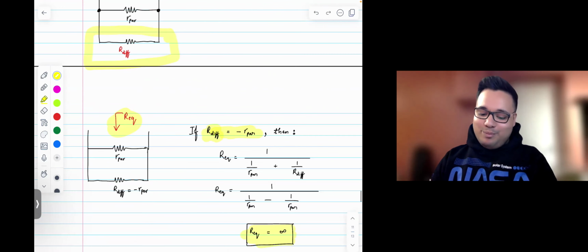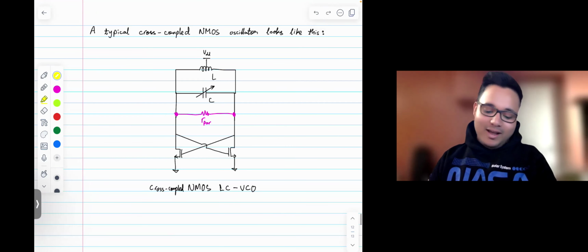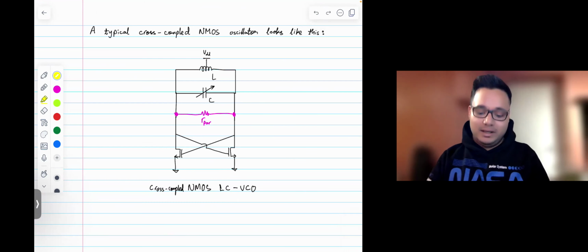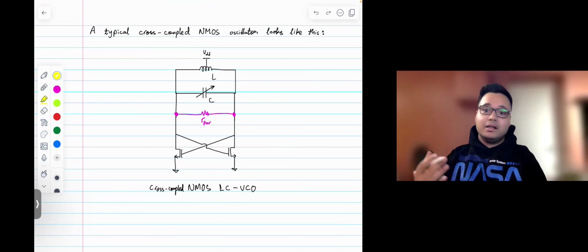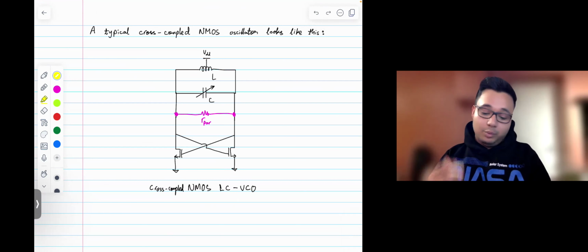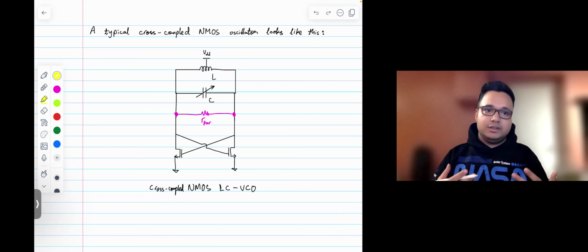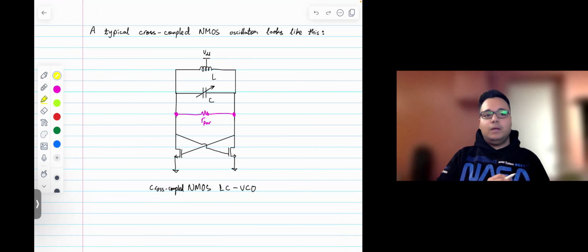Now, just one closing note. This is just the working principle of an LC-VCO, a cross-coupled NMOS LC-VCO. But in reality, when you design, one of my projects was to design a cross-coupled NMOS LC-VCO, and when you get to designing, there's much more theory that you want to work on or understand.